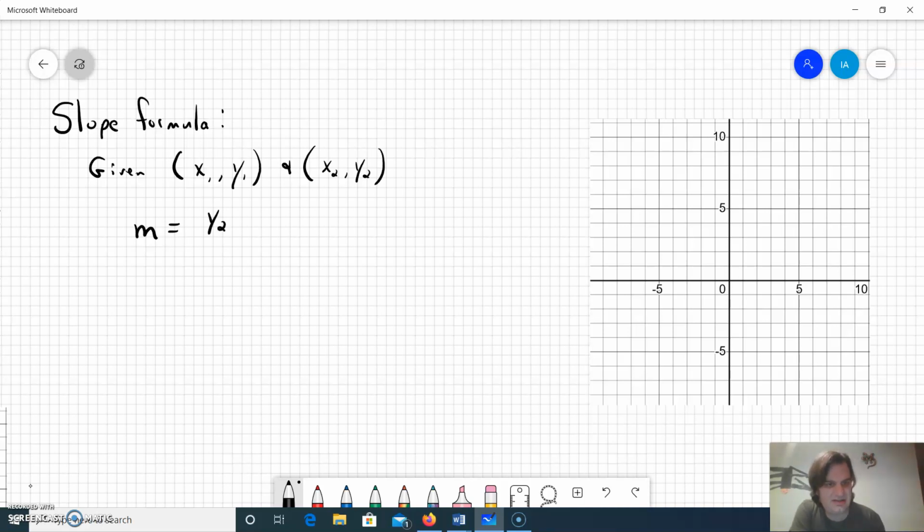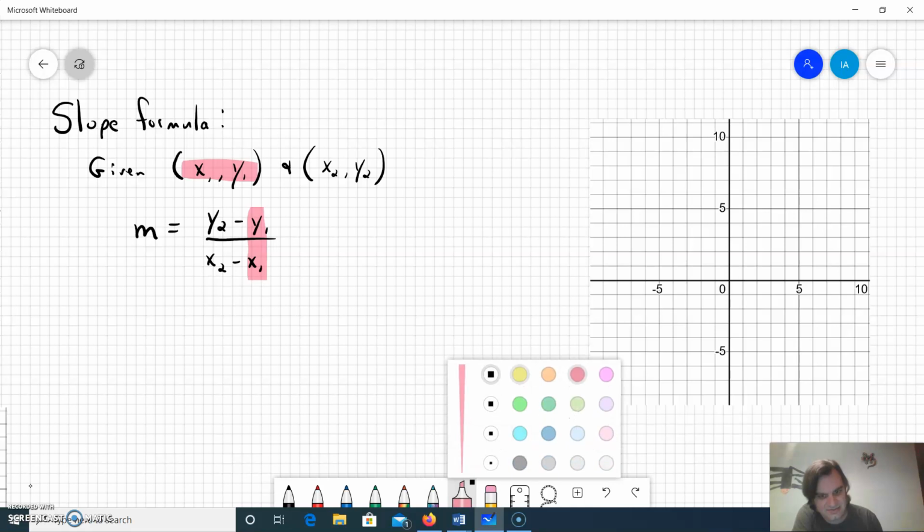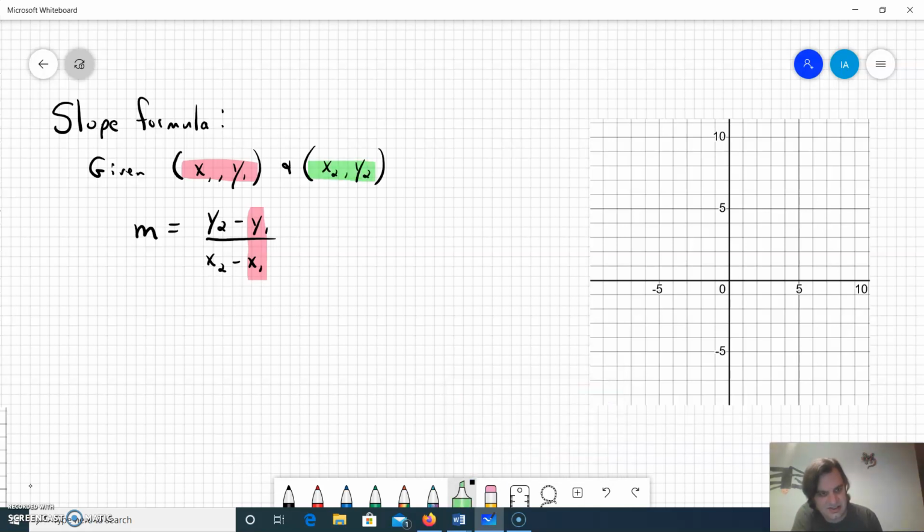So we'll say y2 minus y1 over x2 minus x1. And the important thing here is to remember that x1, y1 is a point that goes over itself, and also x2, y2 is a point that goes over itself. So make sure you have those things lined up.